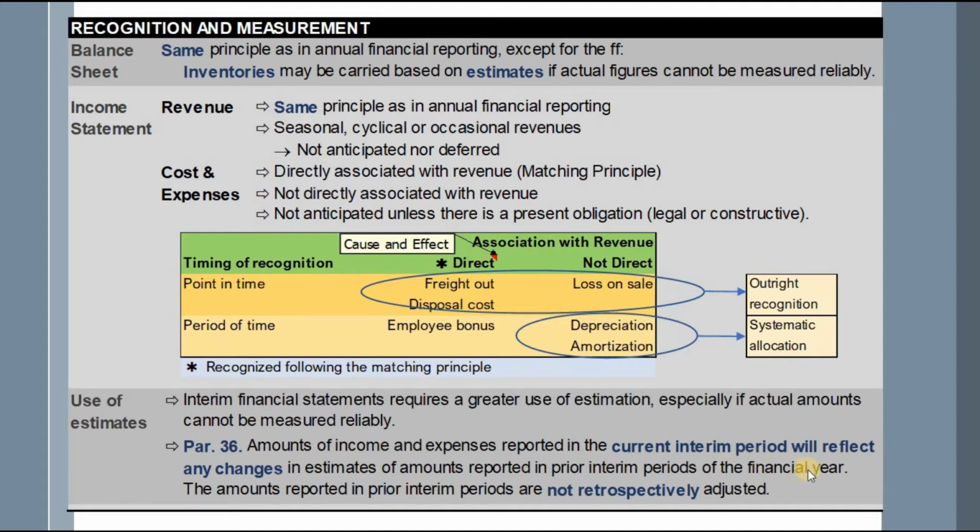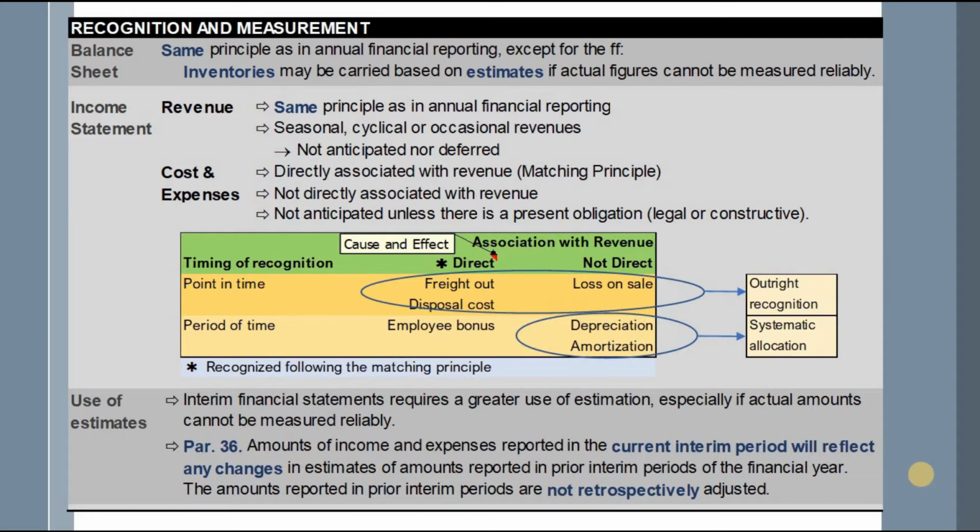So paragraph 36, amounts of income and expenses reported in the current interim period will reflect any changes in estimates of amounts reported in prior interim periods of the financial year. The amounts reported in prior interim periods are not retrospectively adjusted. Since estimates can vary over time, and there are changes in the estimates that have been made in the middle of the accounting period, the changes or the adjustment to reflect the changes will be made during the period of change.